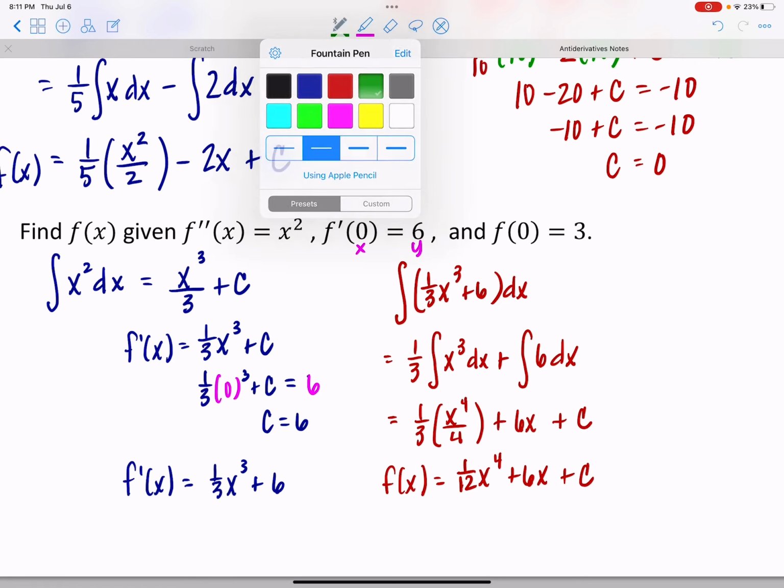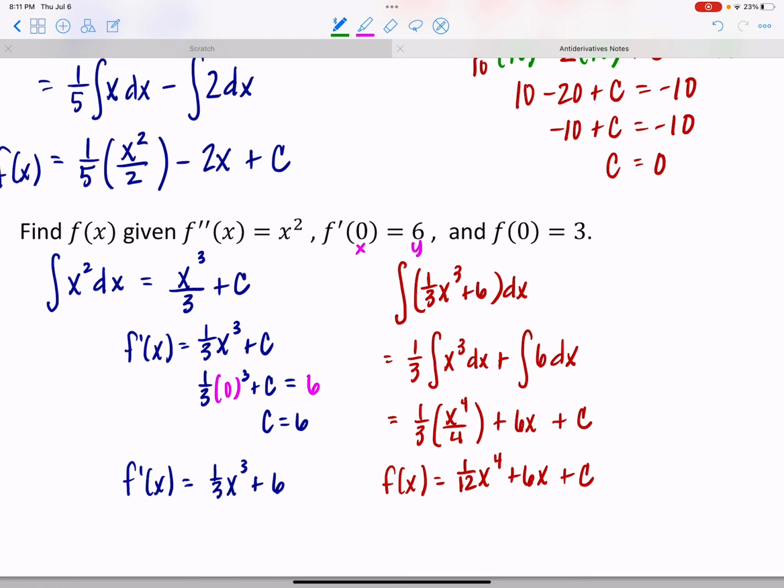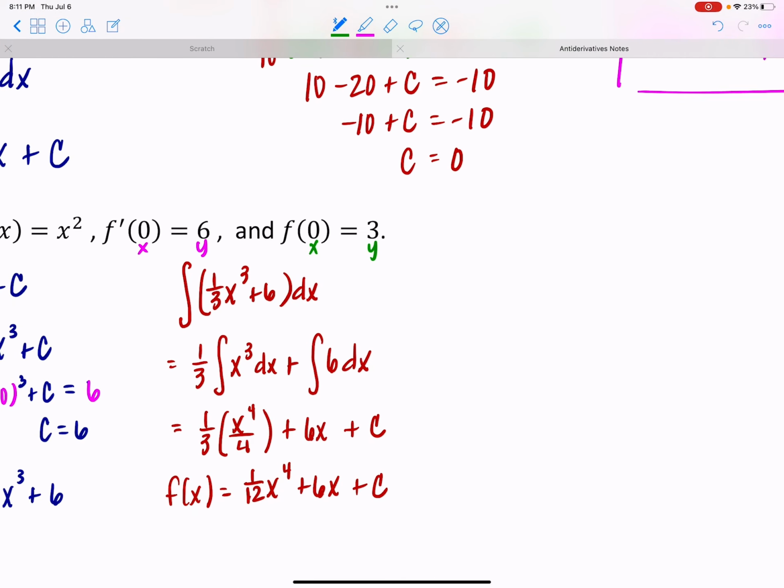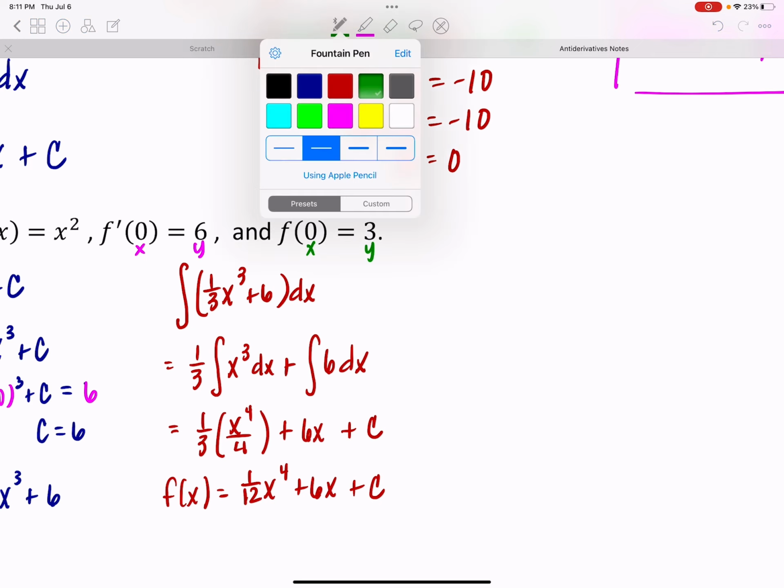And if I didn't have this last bit of information, I would be stuck there with that family of functions, but because I know f of 0 is equal to 3, I can input 0, make an output of 3, and actually solve for c. So I'm going to do that here.